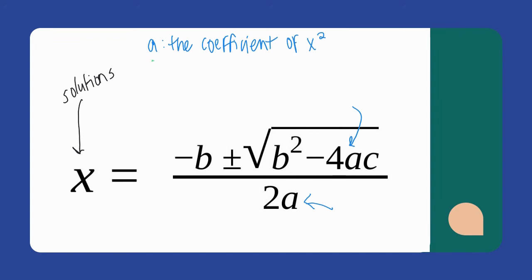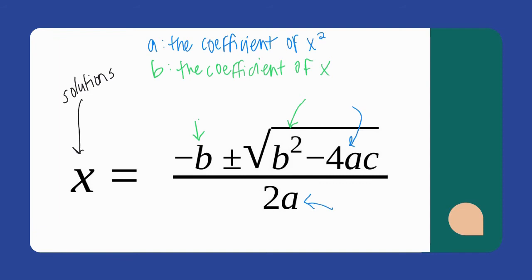Our b, so here you see b a couple of times as well. Our b is going to be the coefficient of our single x term. Okay, so b is the coefficient that will be in front of our single x term.